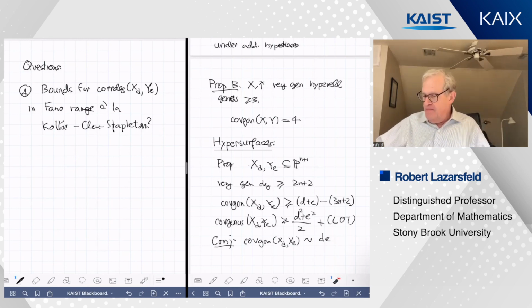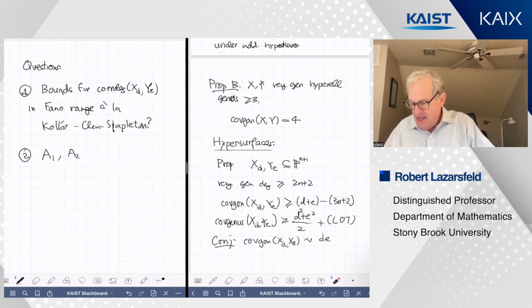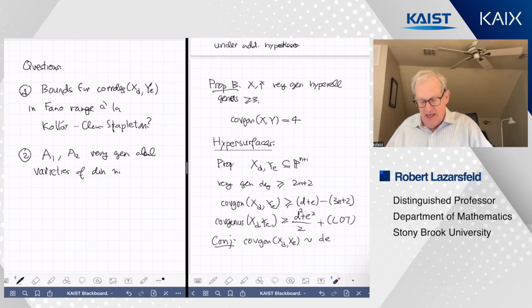And then going back to abelian varieties, can you say anything about these covering invariants for abelian varieties? So let's say A1 and A2, very general abelian varieties of dimension n. Can one say anything about lower bounds?